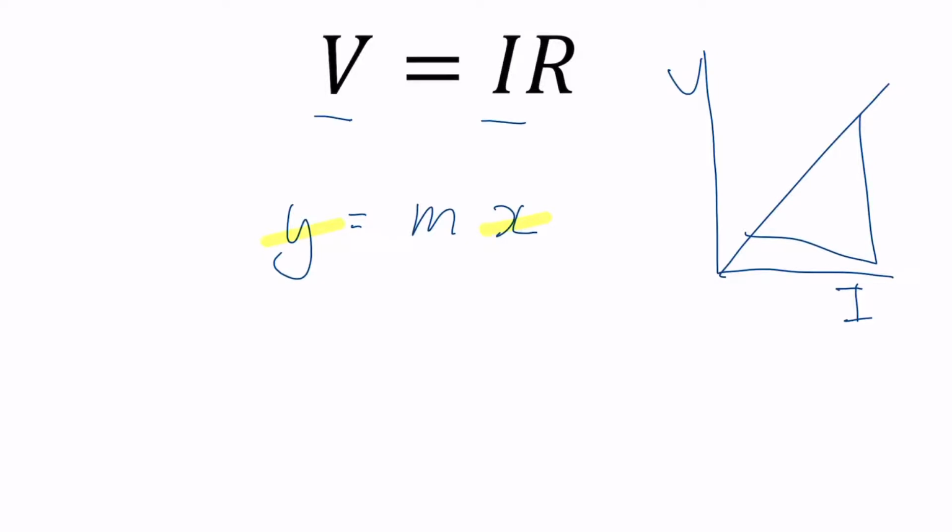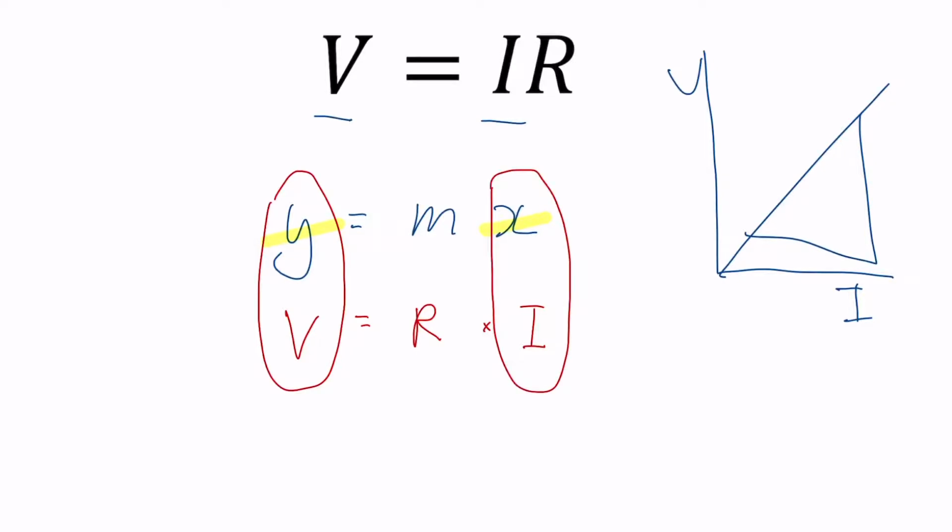So whenever you did this experiment, you gathered values of V and I. Now if we rearrange that equation ever so slightly to V equals R times I, we have now mapped that to y equals mx, because the V we can plot on the y-axis, the I we can plot on the x-axis, and if we do that, the gradient will equal R. So as I said, that's called mapping an equation to y equals mx.